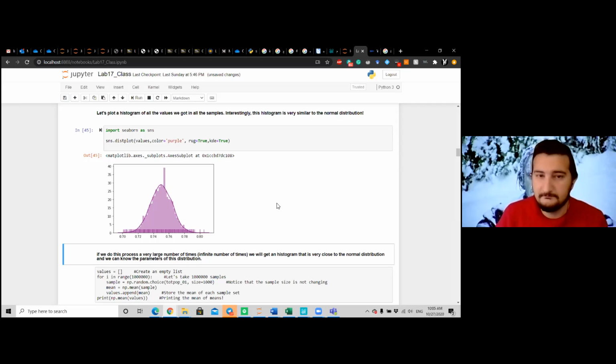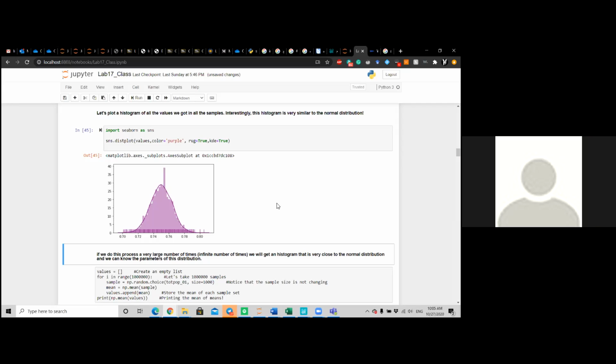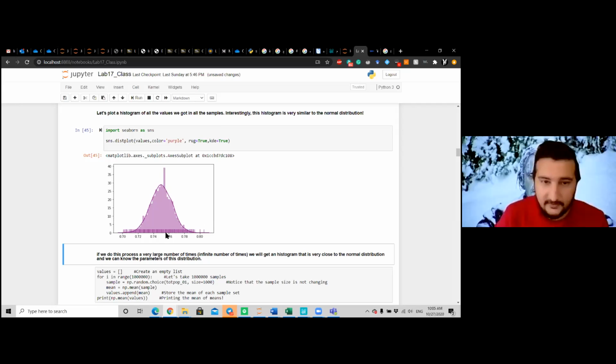Like there's a spike, but the median is around 0.75. Okay, so the center of this is somewhere around 0.75. What else can you tell me about this?